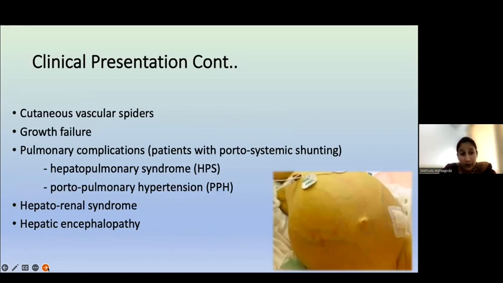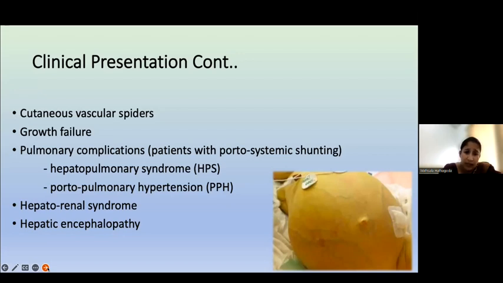And growth failure: not only in cirrhotic causes, in prehepatic portal hypertension also children can present with growth failure. One of the postulated mechanisms is that some of the growth factors get bypassed by the liver, so it can cause growth failure in children.